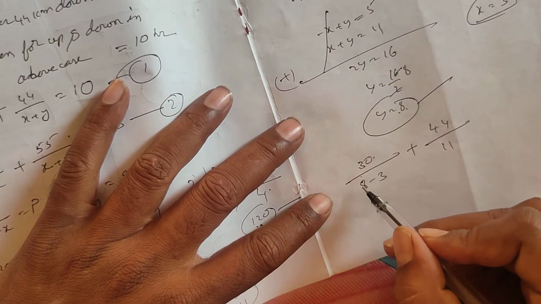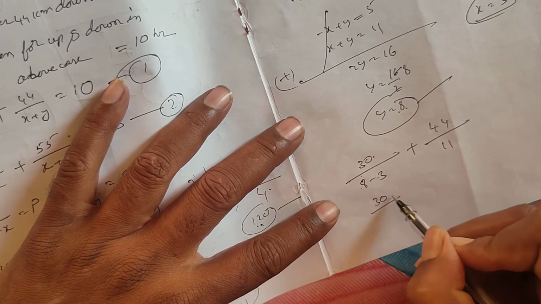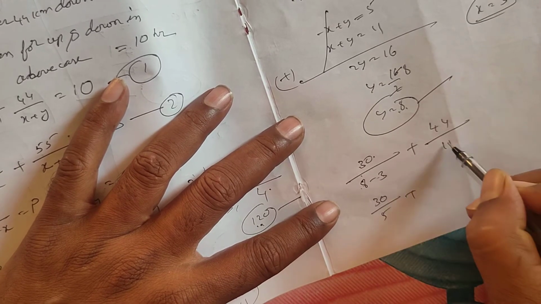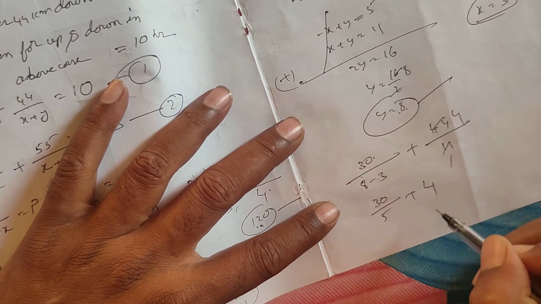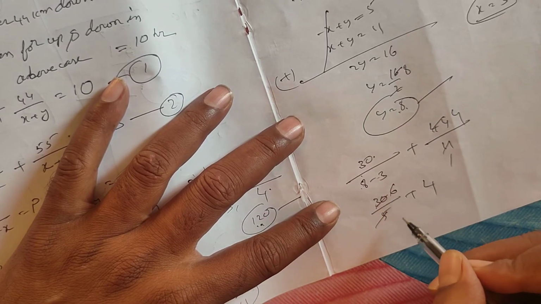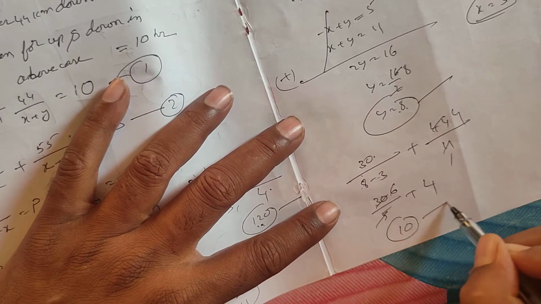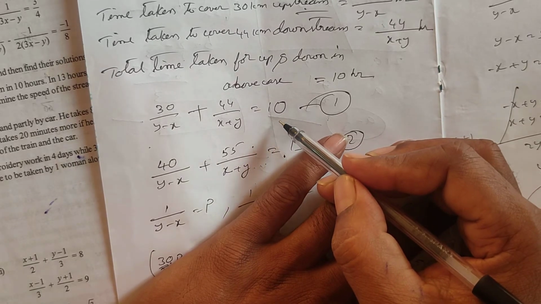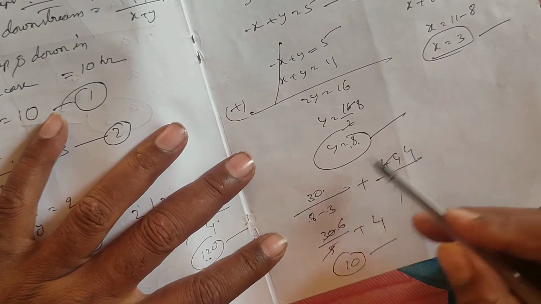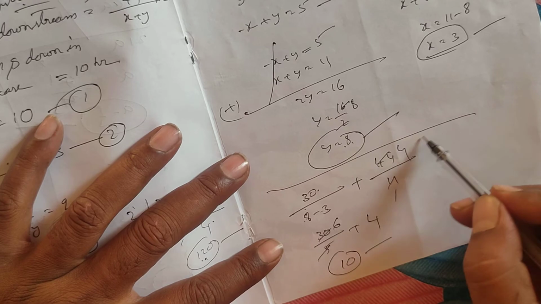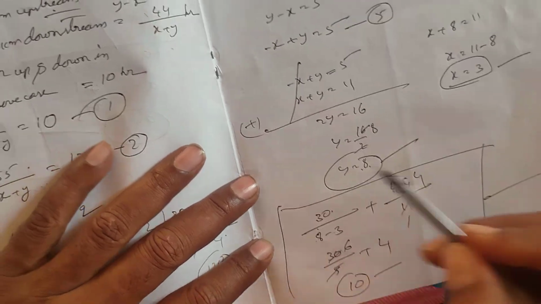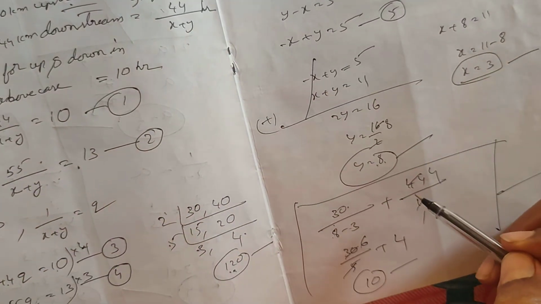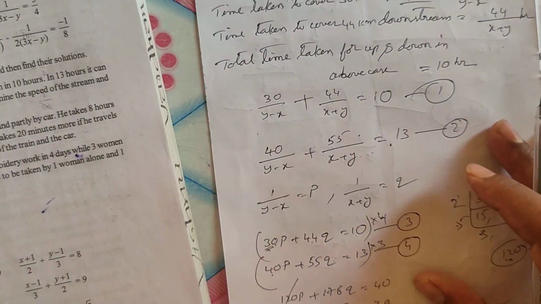So 30 by 5 is 6, 44 by 11 is 4. 6 plus 4 is how much here? 10. So here the RHS is also 10 only. So our problem is correct. This is called checking. After getting the x and y values, if you substitute in the first or second equation, you will get the answers. Like this you have to do.